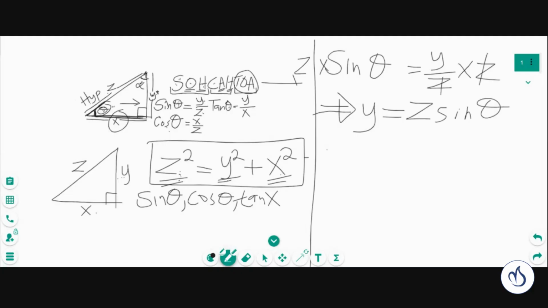Yes, I'm also going to make X the subject. The easiest one to use is cos of angle theta equals X over Z. Multiply Z on both sides. Now this Z cancels out, it's like dividing 5 by 5.